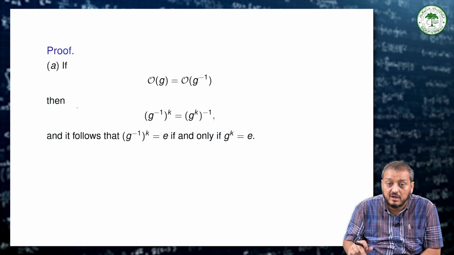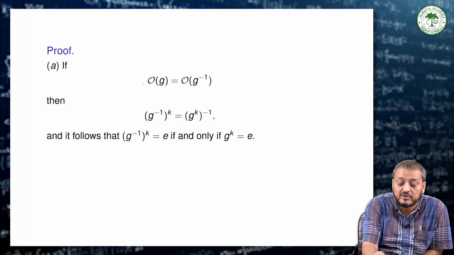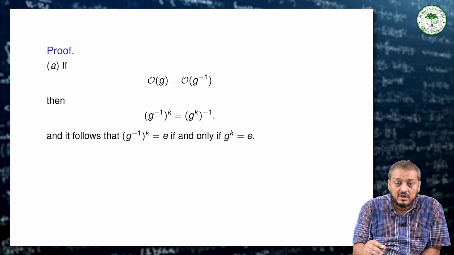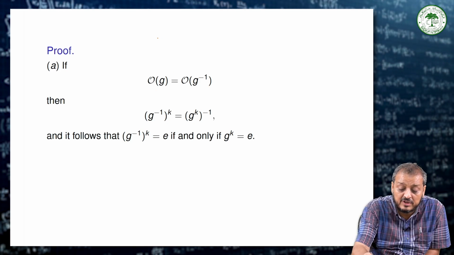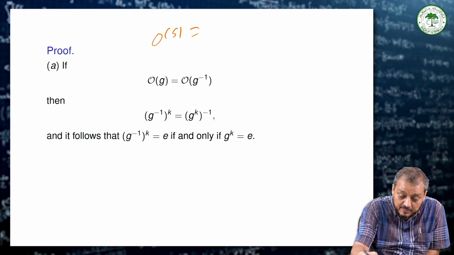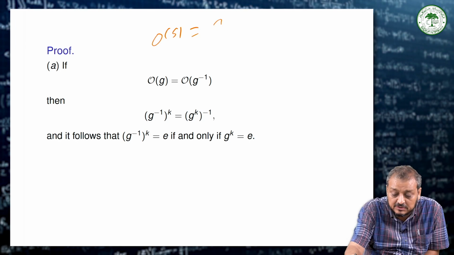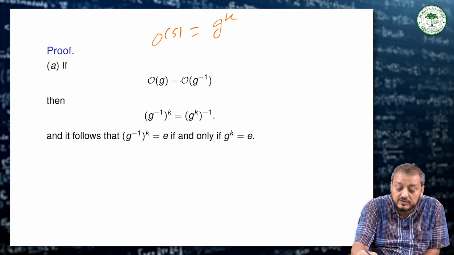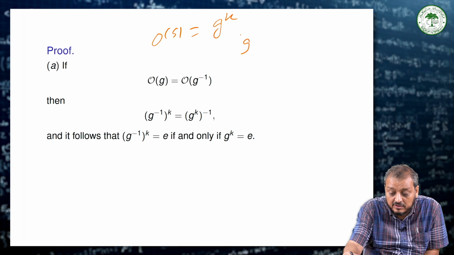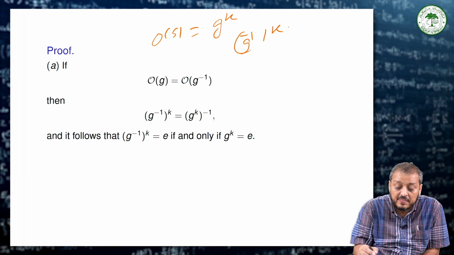We have to prove that the order of g is the same as the order of g inverse. So the order of g means g to the power of some k, and the order of g inverse means g inverse to the power k.